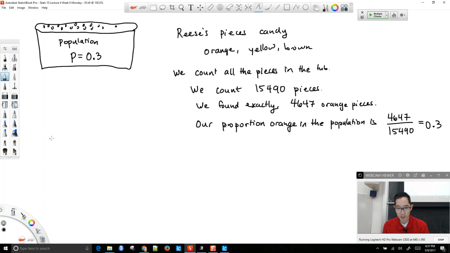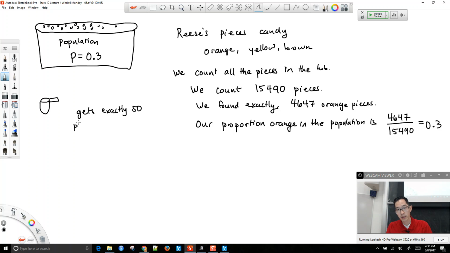So let's say I have this little scoop, and every time I scoop, it's going to get exactly 50 pieces of candy.